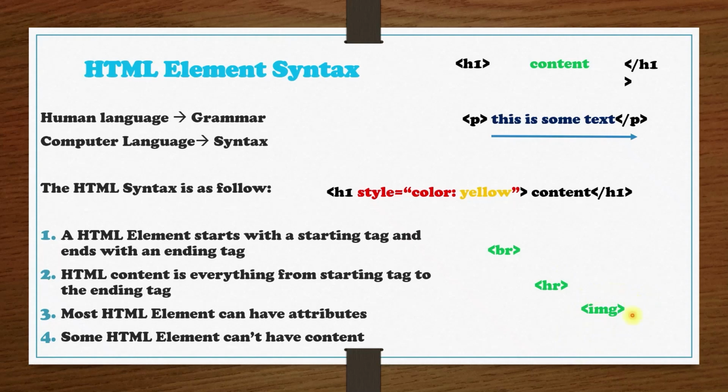Okay, look, br brings a distance between your elements, but this distance will be what? Vertically, not horizontally. Okay, we'll talk about that in our example, don't worry about that.